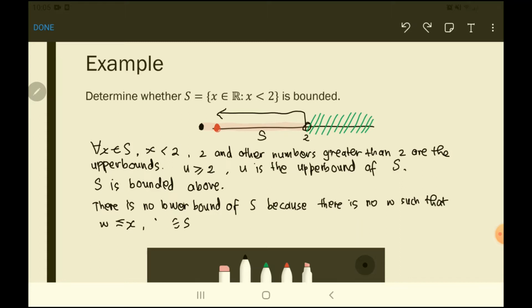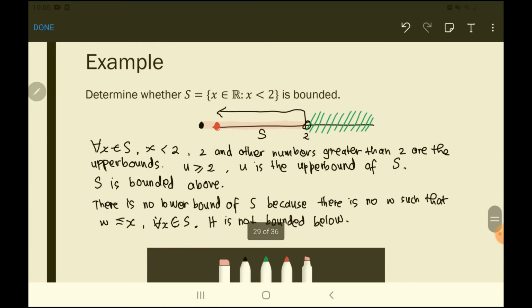Sorry. For all x element of S, right? So because it has no lower bound, it is not bounded below, right? So it is not bounded. Okay.